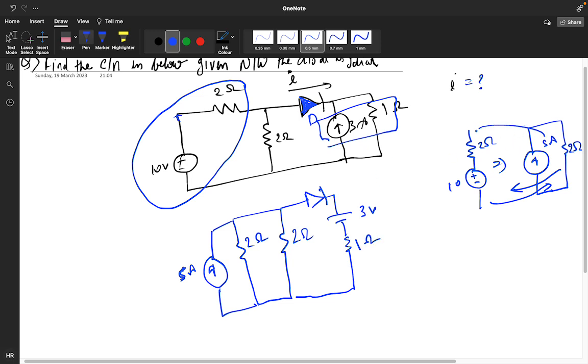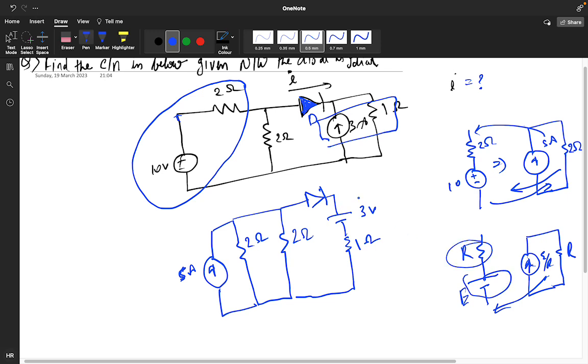Source transformation. So source means you have an R element here, and you have a positive negative E voltage. So you can transform this as an E by R current in parallel with R resistor. And if you want to transform this back, you have to multiply the current with the resistor. You will get the voltage source, you will get the resistor.